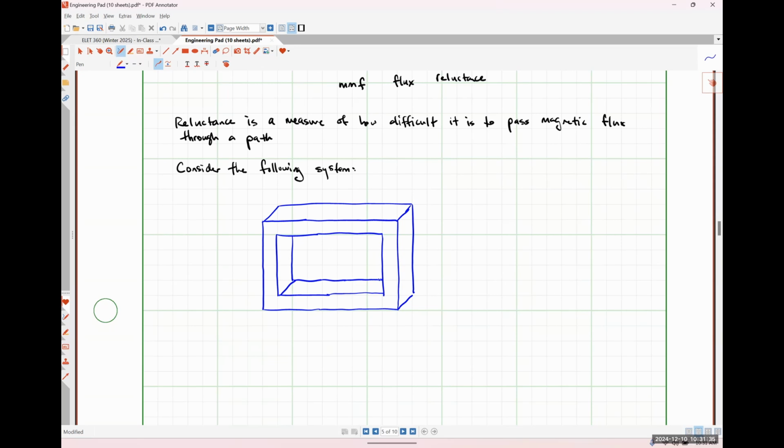So we have a rectangular core, right? Still forming some closed system. And we are going to wrap a wire around it, like so.